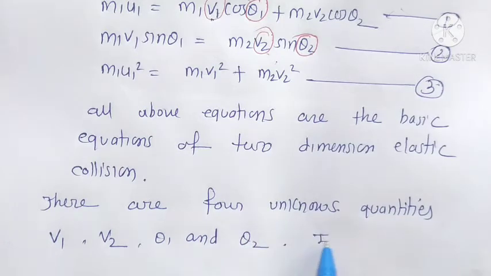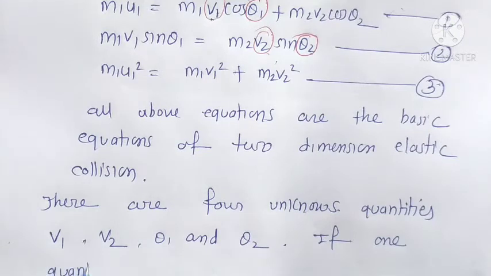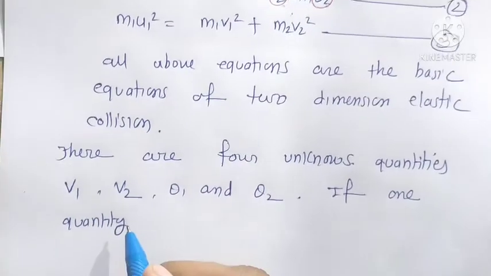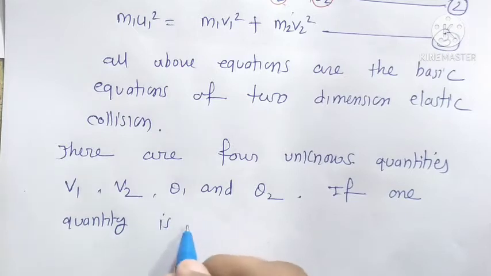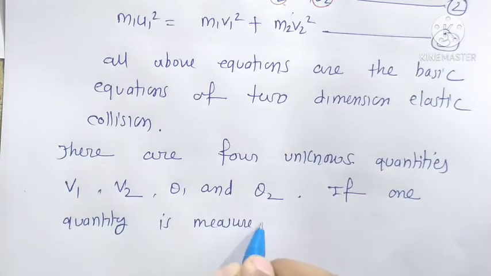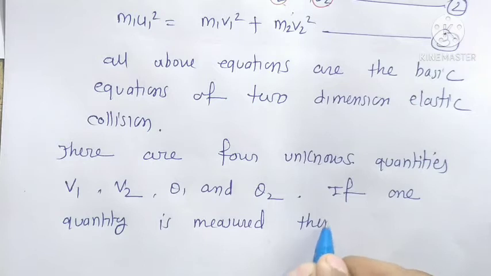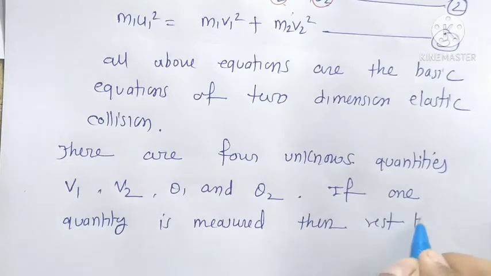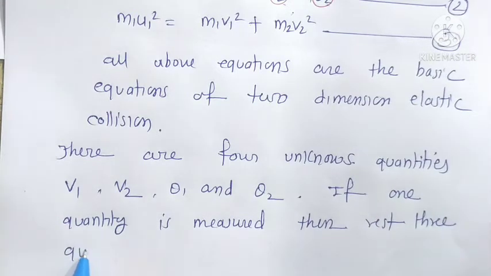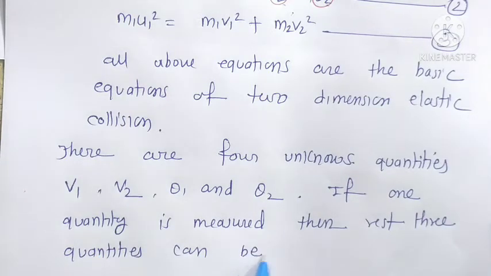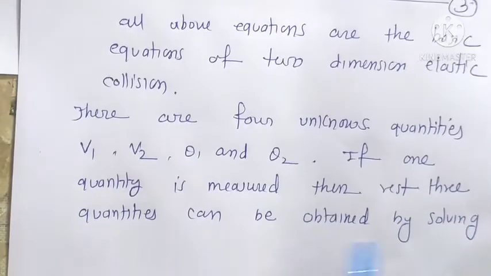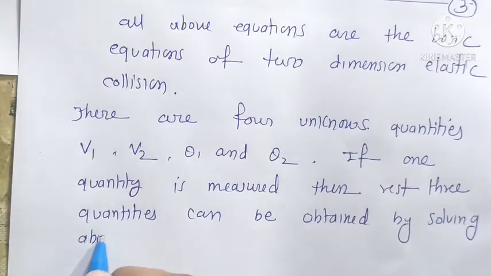So if one quantity is measured, then the rest 3 quantities can be obtained by solving the above 3 basic equations.